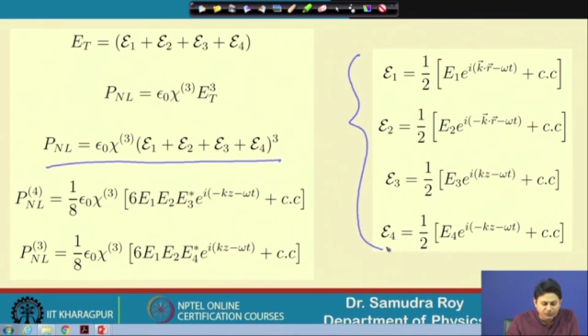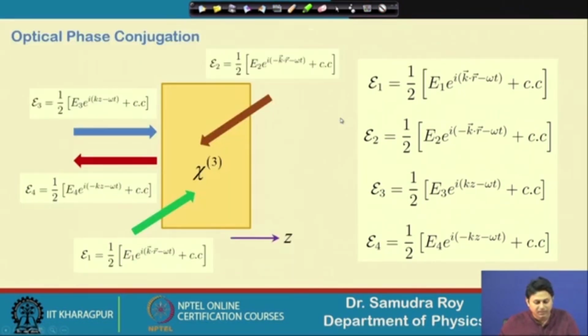Now, we need to find out the polarization that will give rise to the wave E4 and E3. Why E4 and E3? Because let us go back to the previous slide, then maybe we can understand these things better. E1 and E2 behave like a pump.